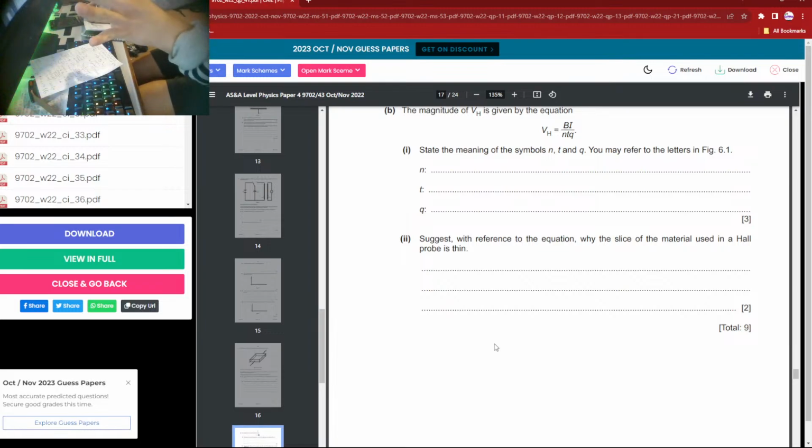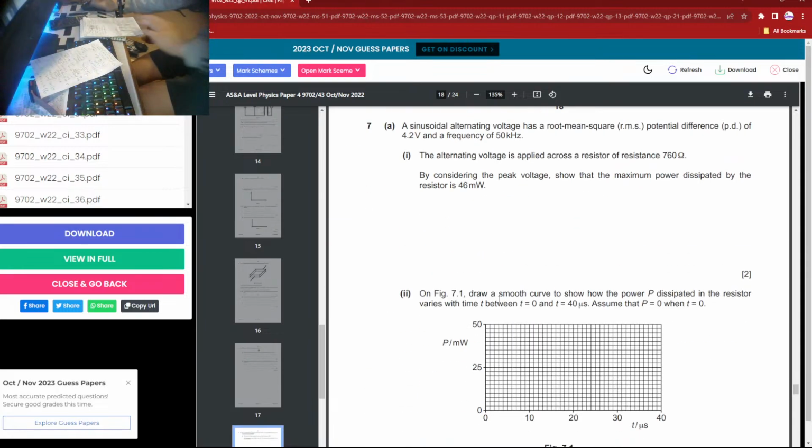So thinner means lower N value, therefore VH is higher as VH is inversely proportional to N, therefore easier to measure VH.